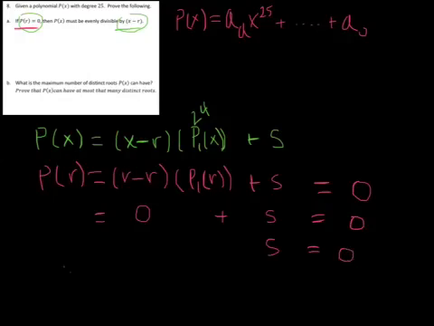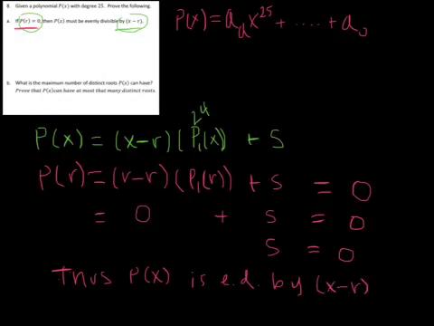Therefore, I could say thus, p of x is evenly divisible by x minus r. And another way of saying that, and this is an important piece, is this means that if r is a root, then x minus r is a factor, right? It goes in evenly to our polynomial.